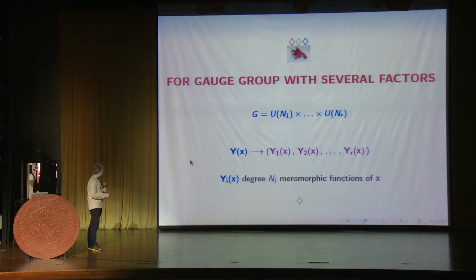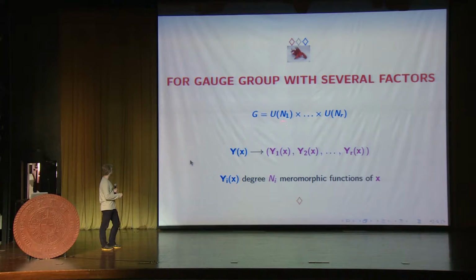And the larger the number, the more poles it has. And analogously, if you have several gauge factors, several UN factors, then you will define several such observables, and they will all get poles in the instanton backgrounds.